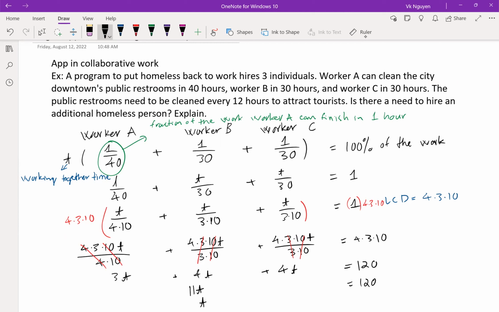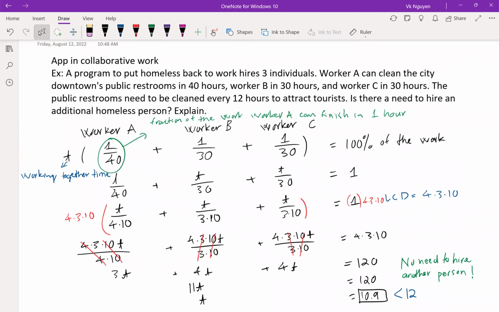Divide both sides by 11, then T is 10.9. We see that 10.9 is less than 12. So there's no need to hire another worker.